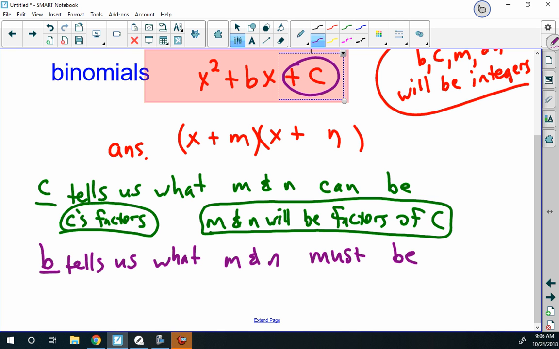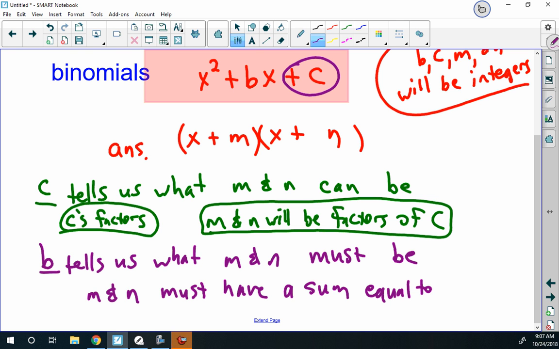So the deal is M and N must have a sum. Now keep in mind these are integers, right? So integers can be positive or negative. They must have a sum equal to B.